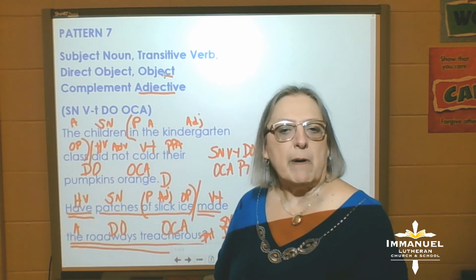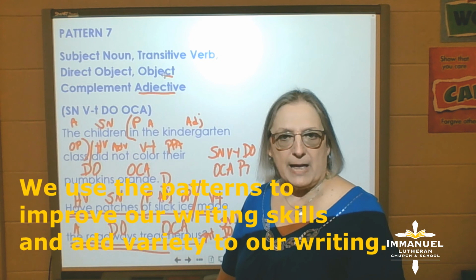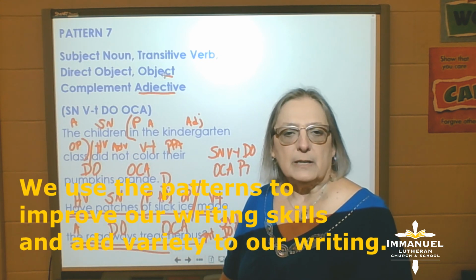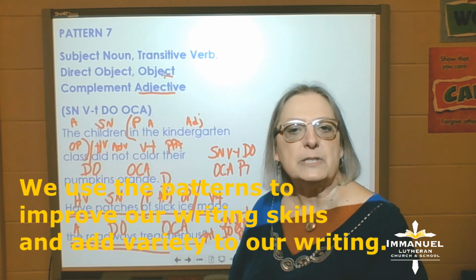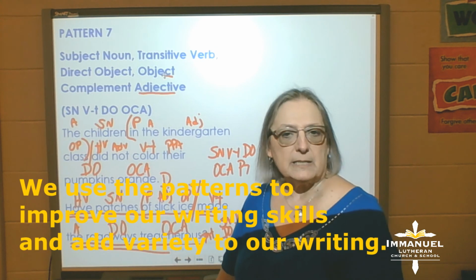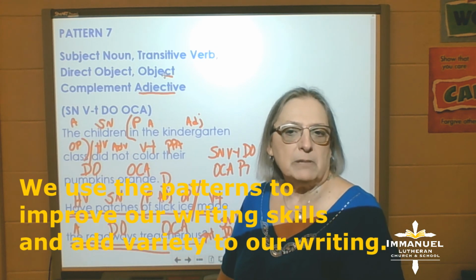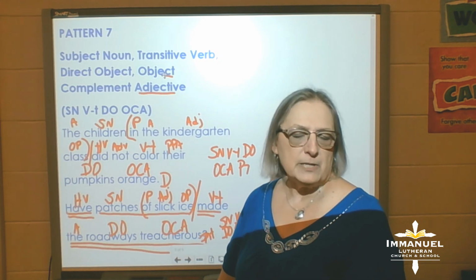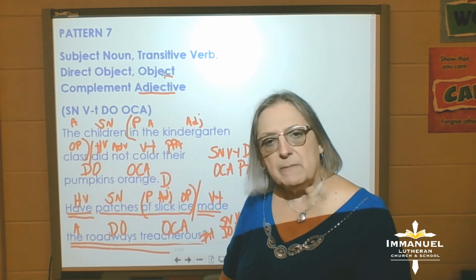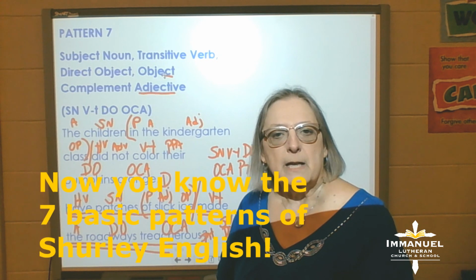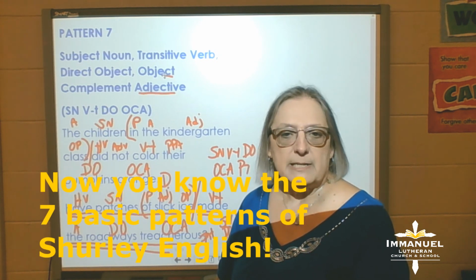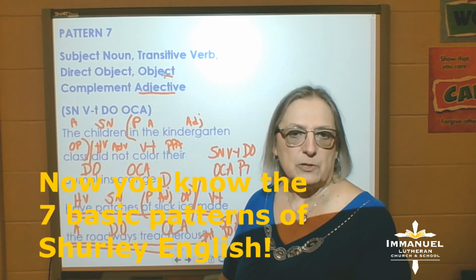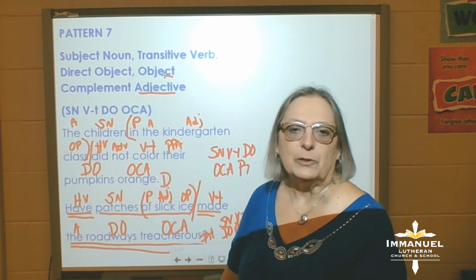We can combine the basic patterns with conjunctions and make compound sentences, complex sentences, compound complex sentences. We can add adjectives and adverbs and prepositional phrases and just put a lot of meat on these basic bones. But at least now you have an idea what the 7 basic patterns are as taught in Shurley English.